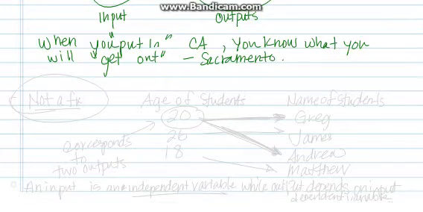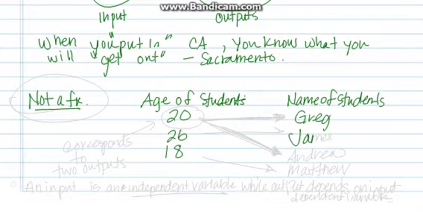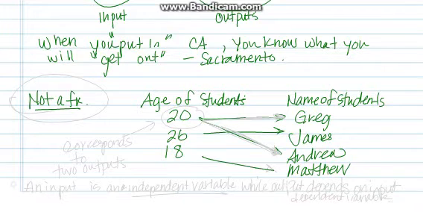Now, if we want to consider something that is not a function, we can look at this example. Let's look at the age of students and the name of students. So if I put in an age of, let's say, 20, 26, and 18, and I have a few students, say Greg, James, Andrew, and Matthew, and I know that Greg is 20, Andrew's 20, James is 26, Matthew's 18.